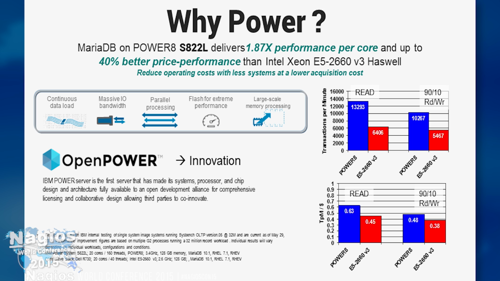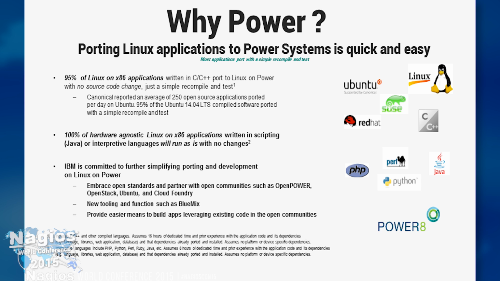The next chart explores this a little more. With this endianness being similar to the Intel world, for 95% of applications you just recompile and they work as is. This is for C and C++; for interpreted languages like Java and Python and others, they work straight off.